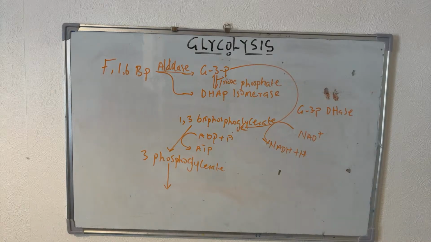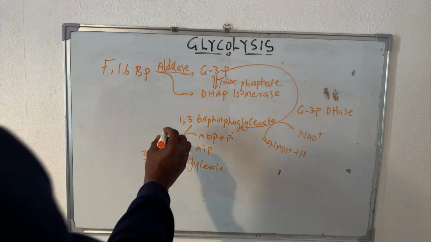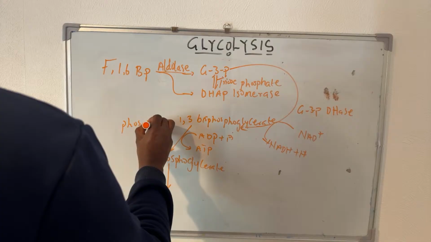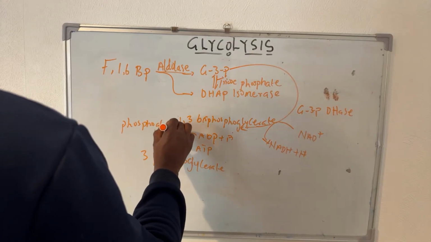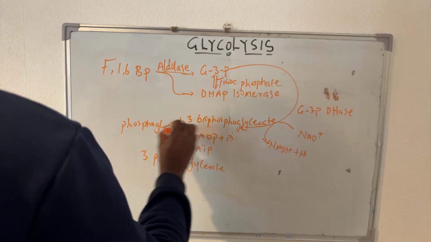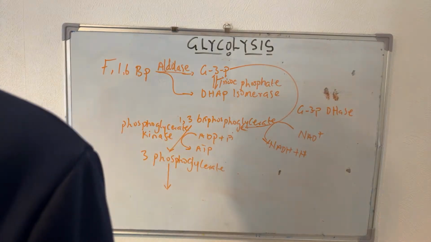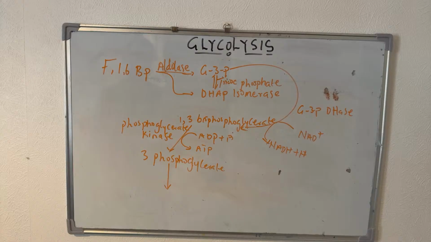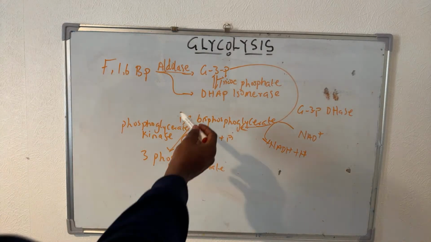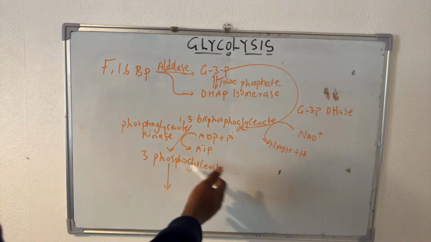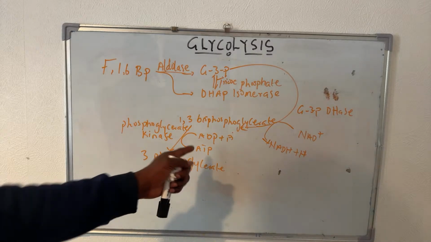This enzyme converts 1,3-bisphosphoglycerate to 3-phosphoglycerate with the production of ATP.